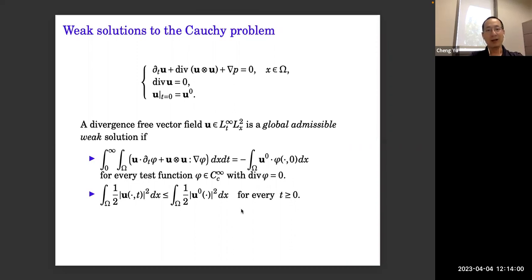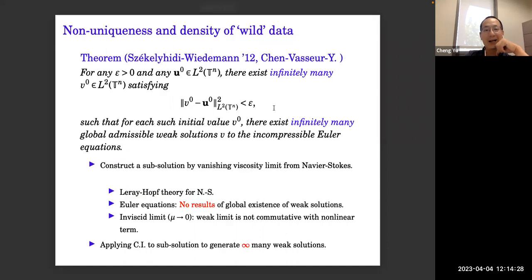So now let's move to the compressible case. Let's look at the results for the incompressible case first. This is the Cauchy problem for the incompressible Euler equations. Here is the definition, the energy inequality, and the result obtained by Chiodaroli-Feireisl-Kreml in 2012, and we can provide another proof for this result.